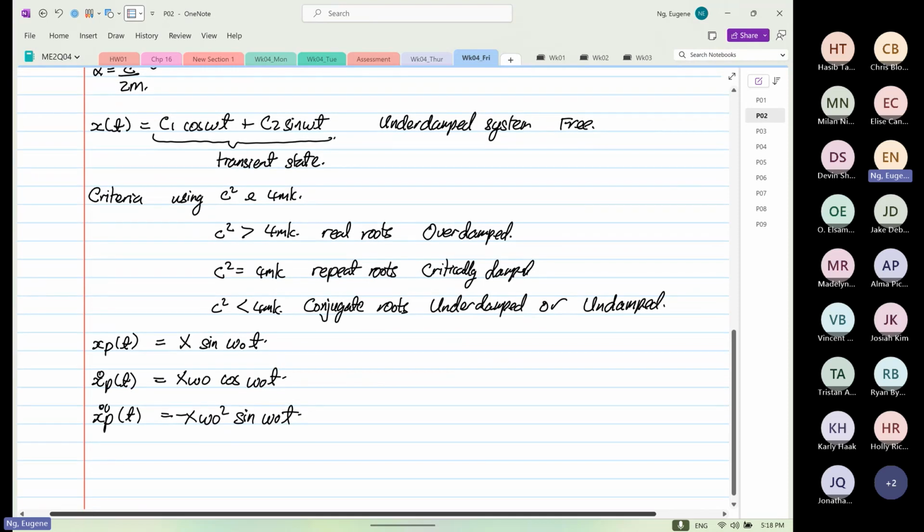So you have m or m bracket. So substitute x double dot p and x p into the characteristic equation. Okay.